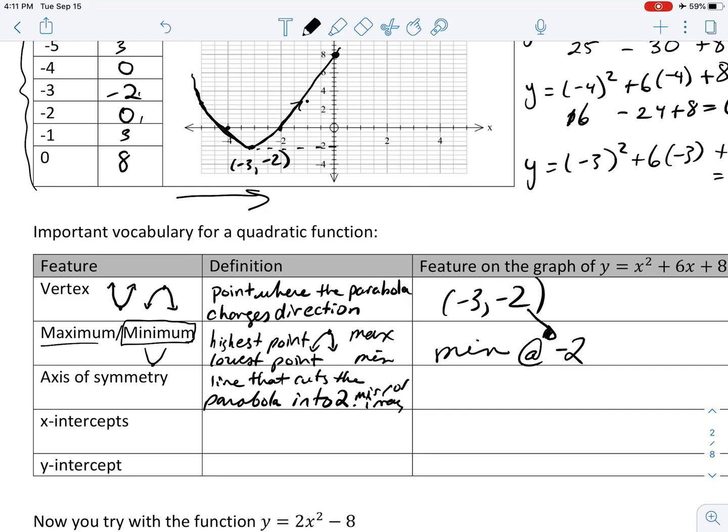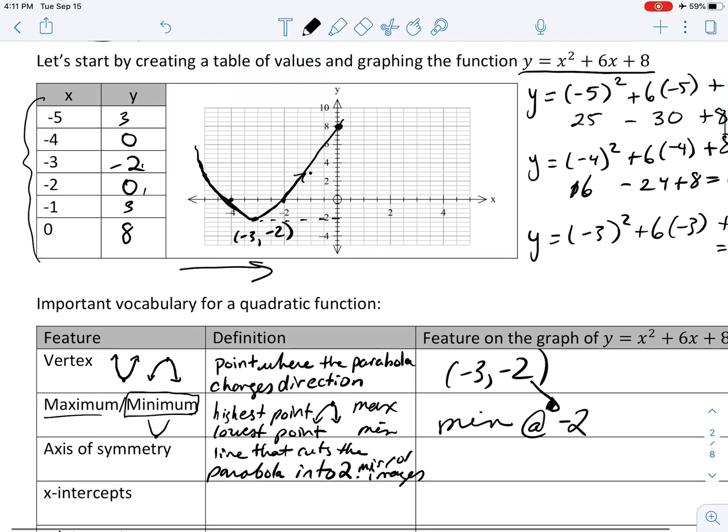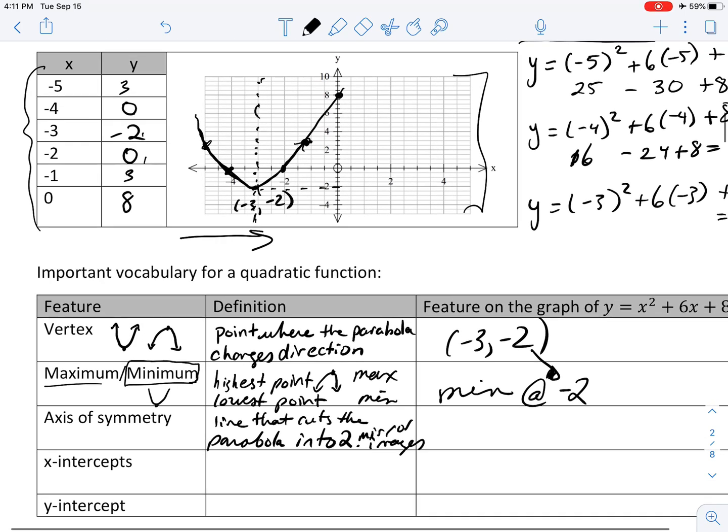So in this one, if you imagine this line right here, if I were able to pick up this piece of grid paper and fold it along this line, this part here would match up perfectly with this part here, and this point with this point, and so on. And so that's what our axis of symmetry is. It's a line that cuts it in half exactly, where if I folded it, it would line up perfectly. And so that line is right here where x equals -3.